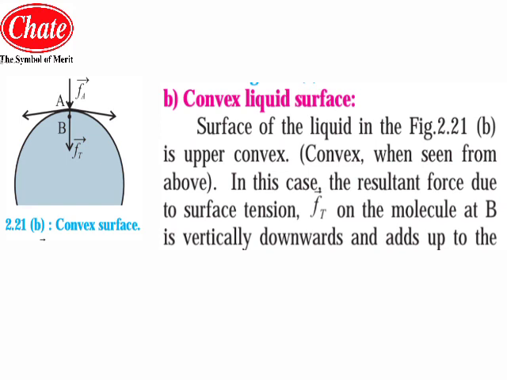In this case the resultant force due to surface tension, F_T, on the molecule at B is vertically downward and adds up to that point in the downward direction. So this develops a greater pressure at point B, inside the liquid on the convex side of the meniscus. The pressure on the convex side, inside the liquid, is greater than that on the convex side outside the liquid. This is the conclusion we have found.